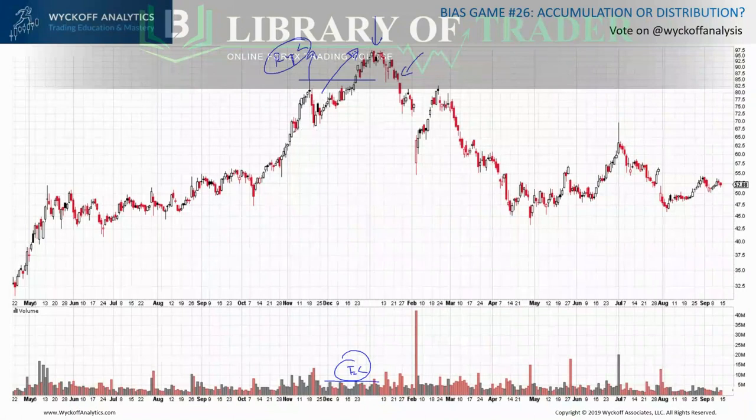So we probably would be thinking here about this trend, maybe even this one right here. So there are a couple of places where the trend fails.